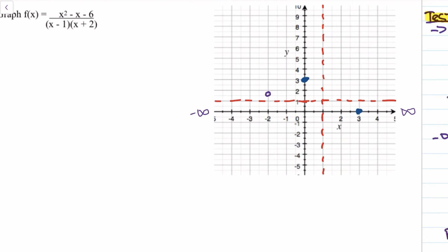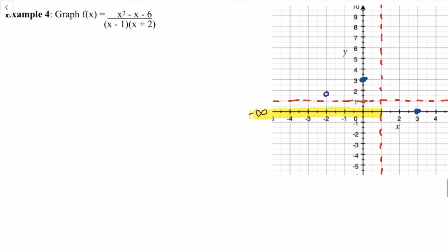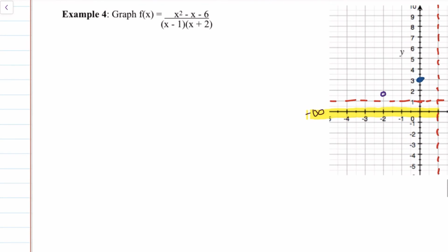We're going to start our journey from negative infinity, and we're going to stop when we hit an x-intercept or a vertical asymptote. So right there we stop, bam, we stopped at 1. So our first test region, test region number 1, is going to be from negative infinity to 1.